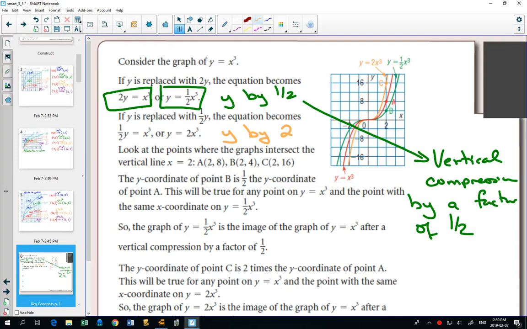Whenever you are making something bigger, we call that a vertical stretch, and that's by a factor of 2. So we either stretch or we compress, depending on what we multiply by.